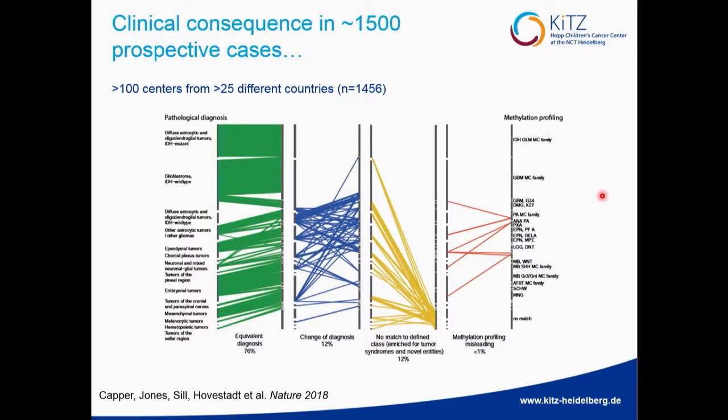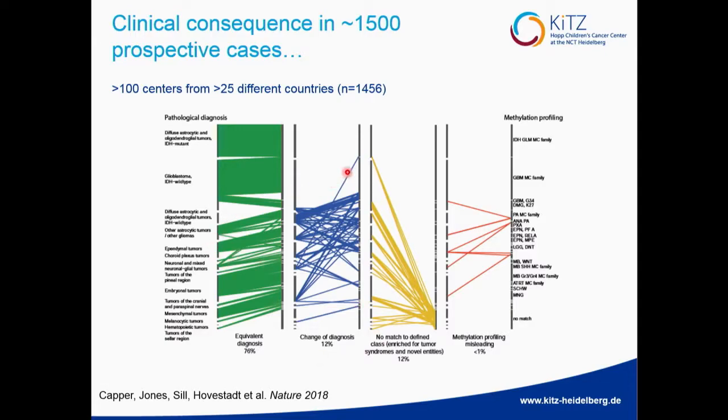And when we applied this method to about 1,500 prospective cases, actually we saw that in about 3/4 of cases, the result would be completely consistent with what the pathologist or neuropathologist has said. In about 12% of cases, we would get a change of diagnosis that is clinically meaningful, meaning that we would treat the patient in a different way.